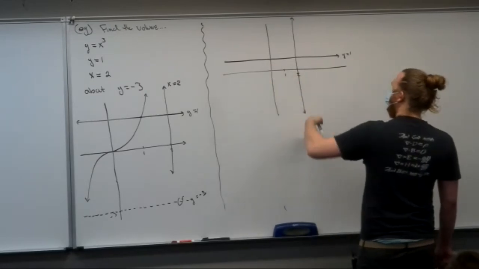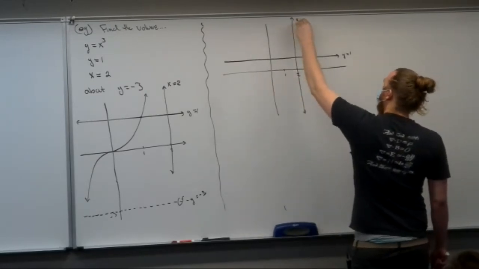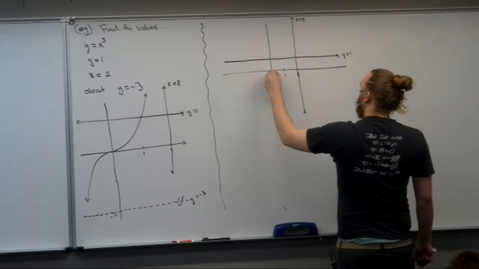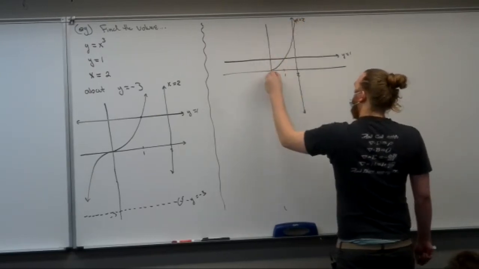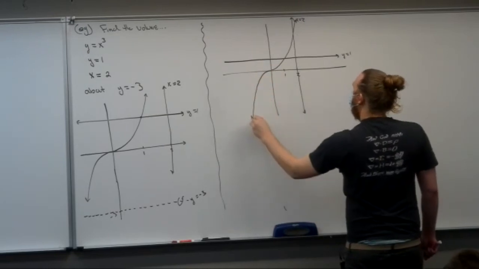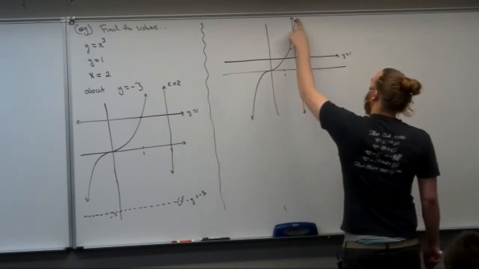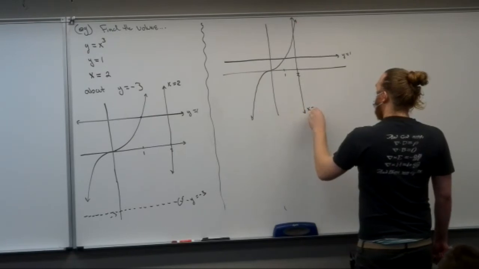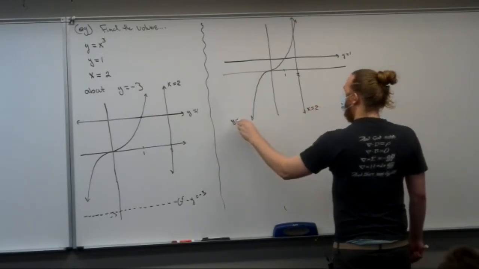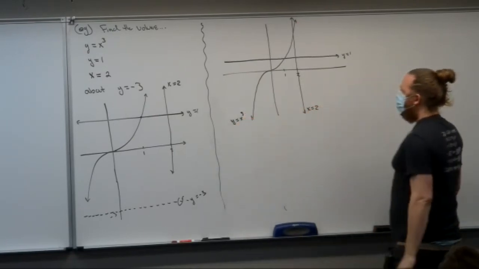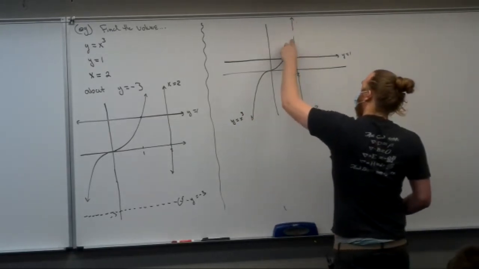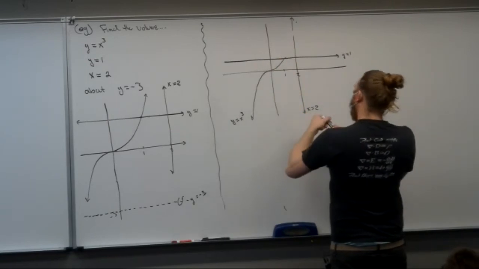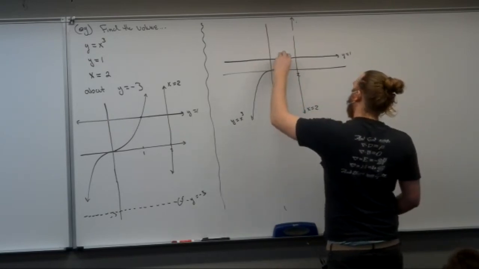There's y equals 1, there's x equals 2. And then my curve is x cubed, like this. It's a little steeper here, so it should be quite steep.